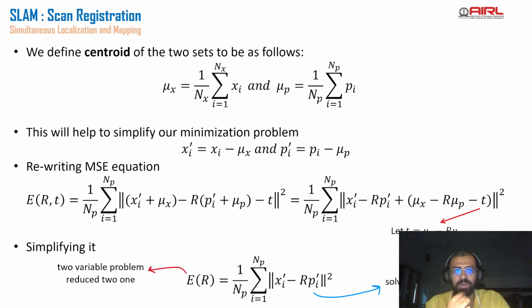Find a difference between each of my points. So the xi here is the point which I want to translate. It's the source points which I want to get to the target, right? Now to do that, I'm subtracting the centroid from all the source points which I have and going forward with it.